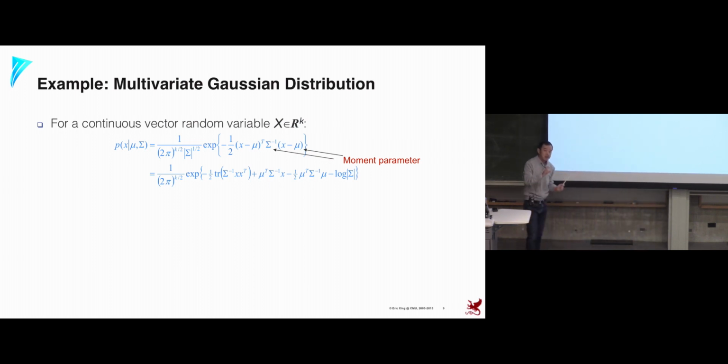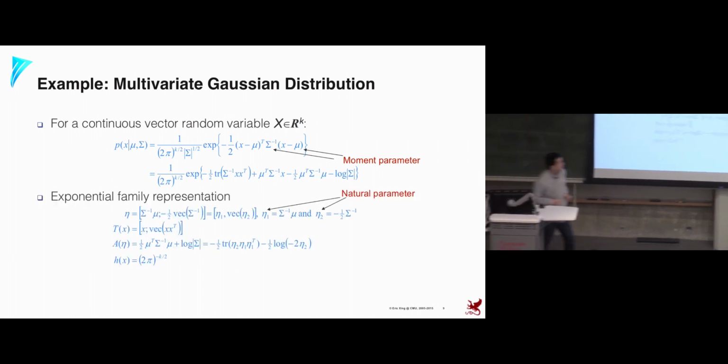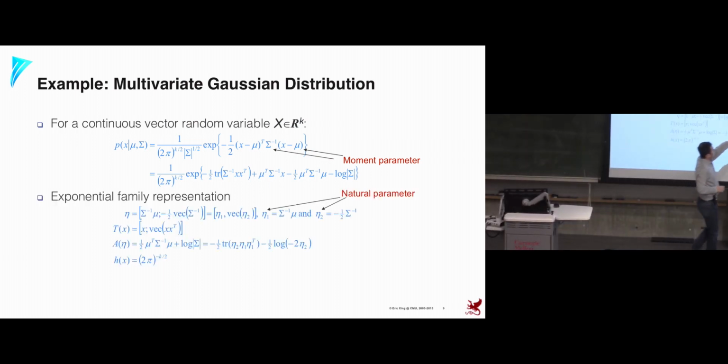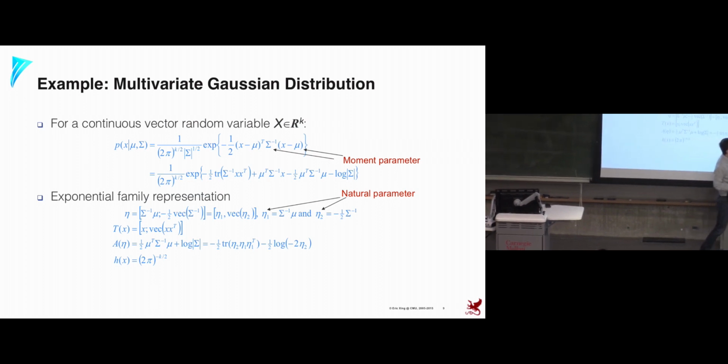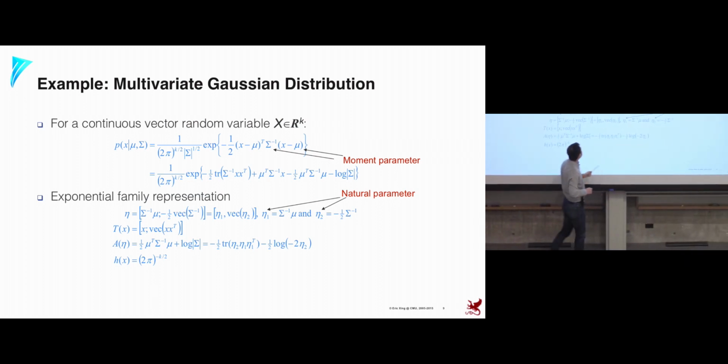Now, if you take a different view of the parameters, rather than calling mu and sigma the parameters, you call sigma inverse times mu one set of parameters, and this other one another set of parameters, then you can rewrite the whole thing back to the canonical form of the exponential distribution.